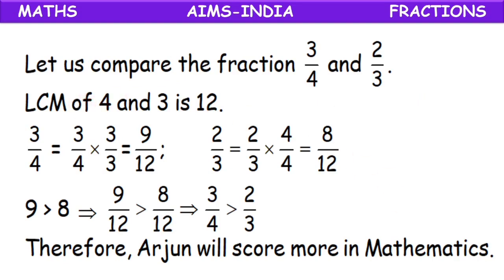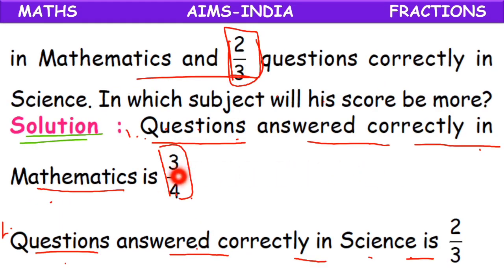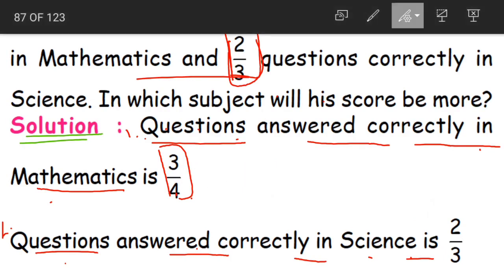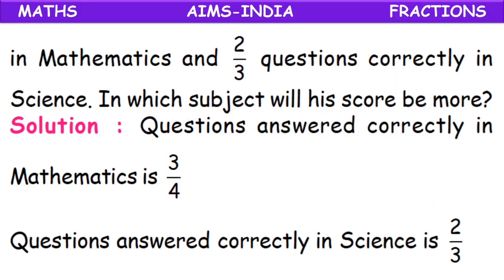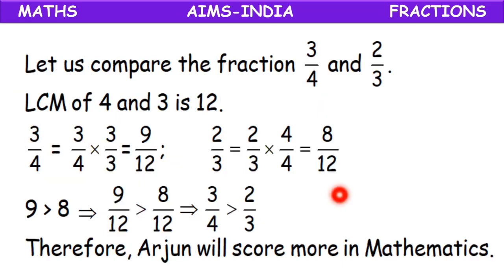Now we have to compare these fractions. Only upon comparing will we know in which subject he'll score more. So we need to compare to find out in which he answered more correct questions.